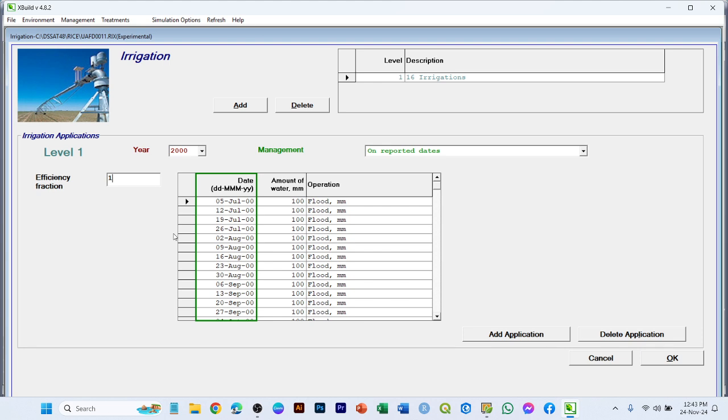Yes, actually it will be less because a lot of water evaporates, evaporation losses are there, percolation losses are there, different application losses are there. But this is just for your understanding purpose. You need not change it anyway.